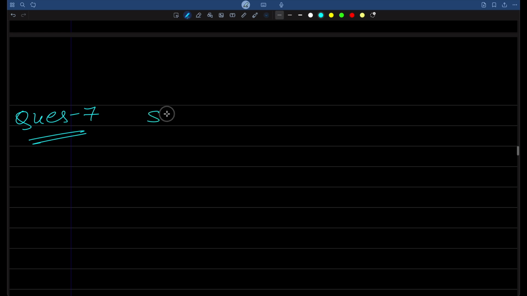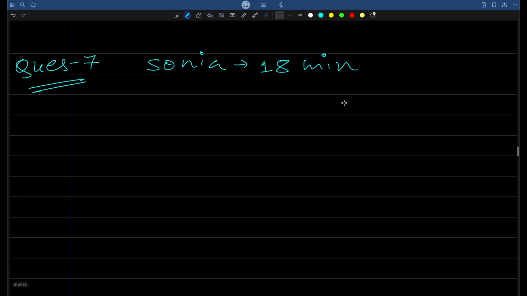Sonia takes 18 minutes to complete a circular round and Ravi takes 12 minutes. Suppose they both start at the same point at the same time and go in the same direction. After how many minutes will they meet again at the starting point?